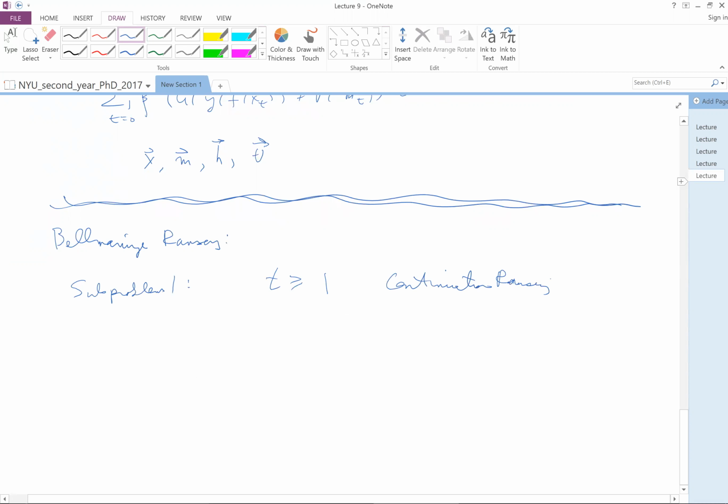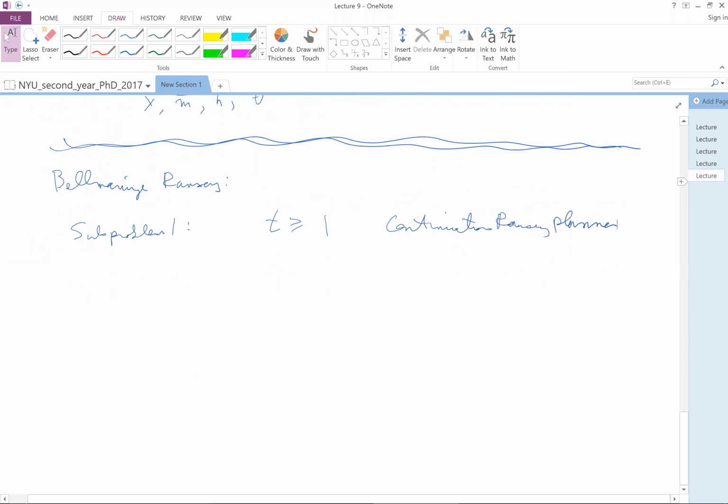Here theta is going to be a state variable that's taken as given.